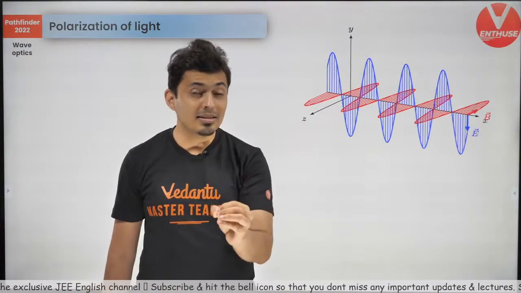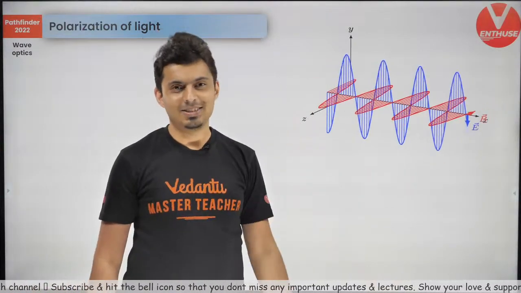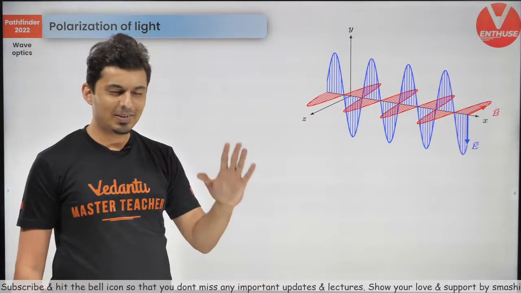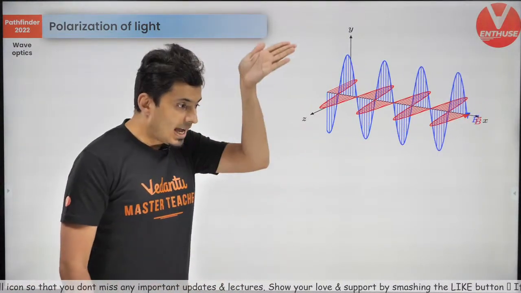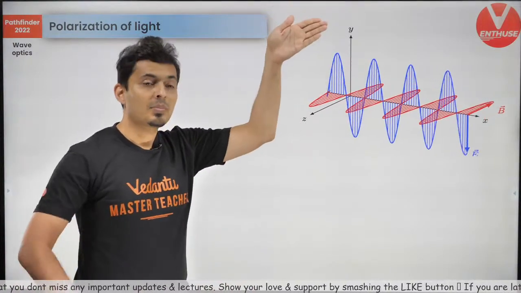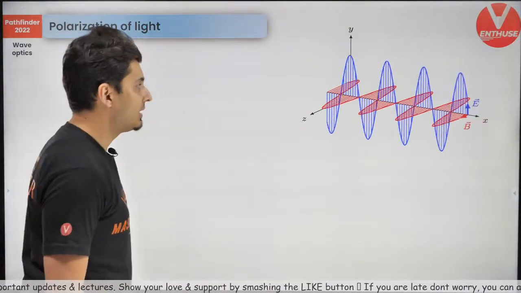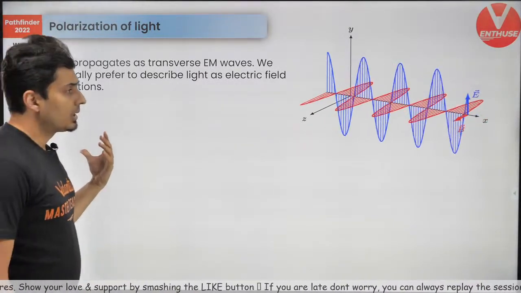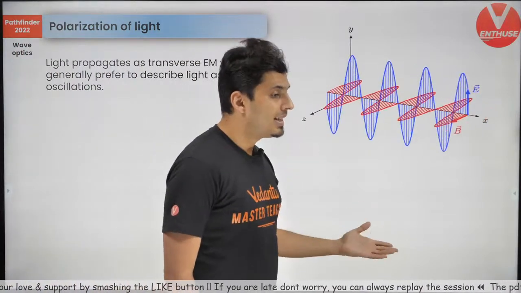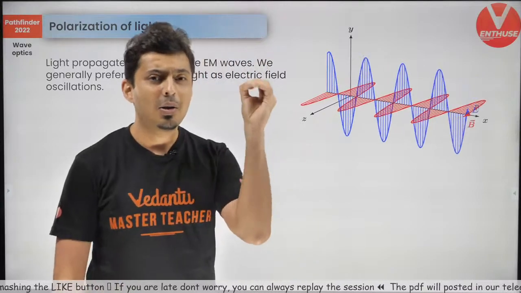And all transverse waves show this peculiar behavior of polarization. What polarization is, you will understand in a bit. But for now, understand a transverse wave has a plane in which it oscillates. We choose electric field as the plane of oscillation. That's very important.